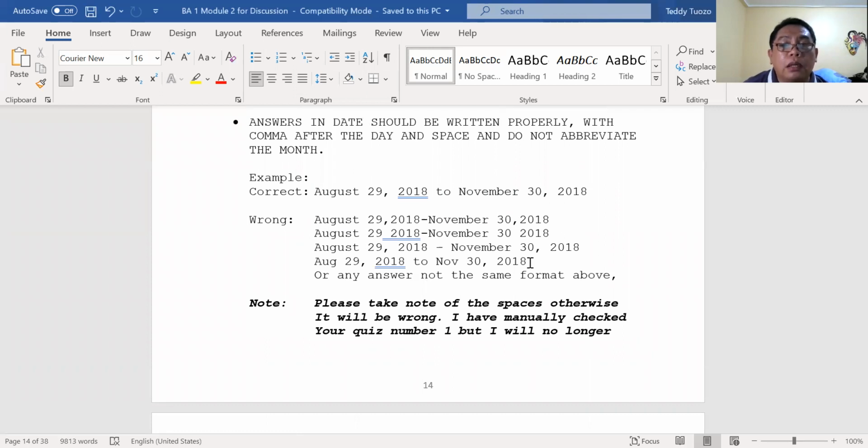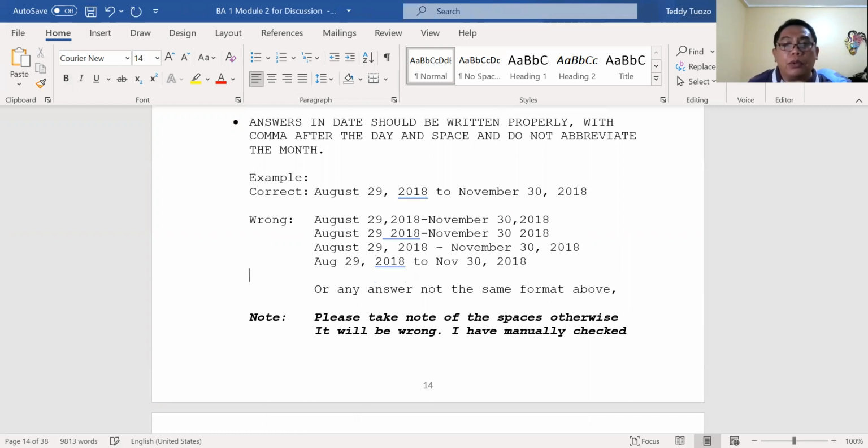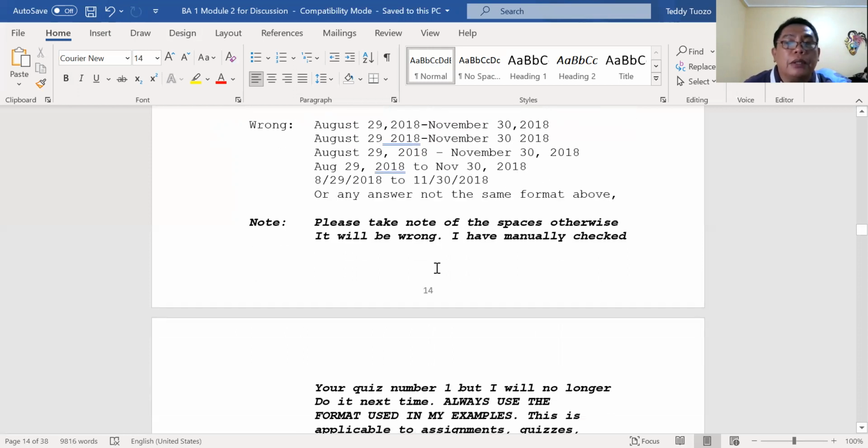Or the wrong format also would be when you write August 29 as this one. Again, that is wrong. Any answer that is not the same format as the correct example above is wrong. Please take note of the spaces, otherwise it will be wrong.